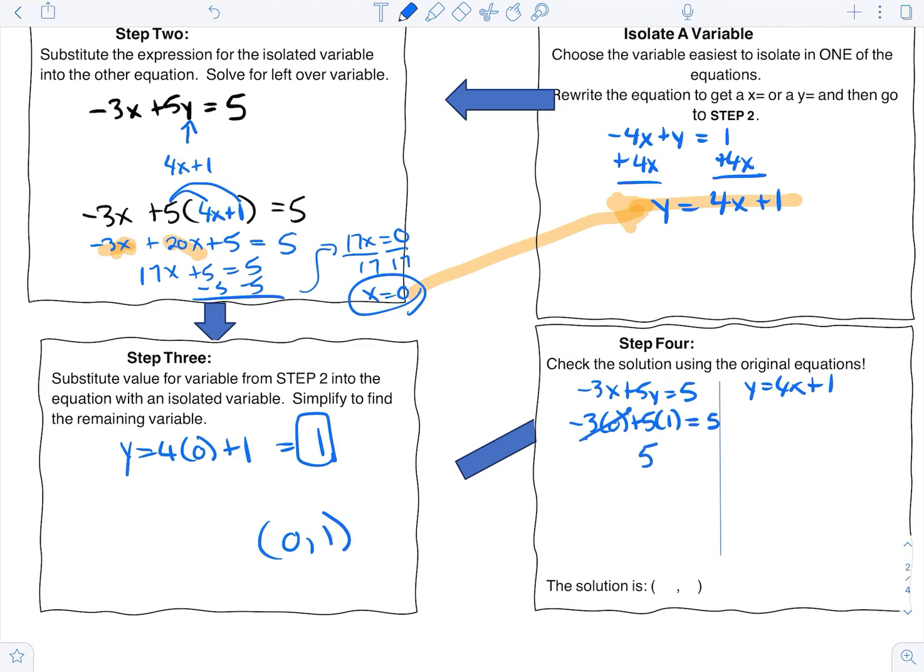We know that this cancels, but 5 times 1 is 5, and 5 is equal to 5. So it checks there. The next one, 1 is equal to 4 times 0 plus 1. This cancels, and yes, 1 is equal to 1. So it checks in both equations, so our solution is 0, 1.